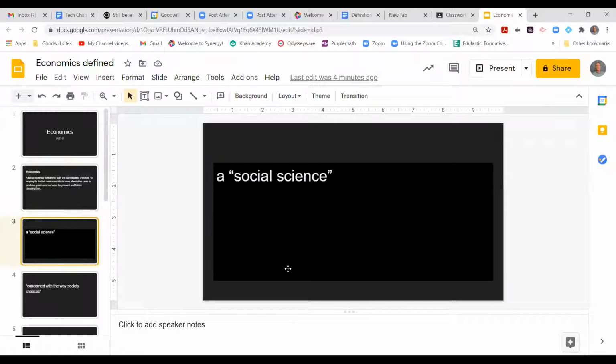So if we start breaking this definition down, the first segment involves a social science. Anybody have any idea what that might be referring to?